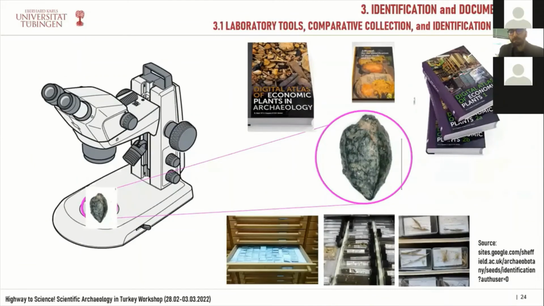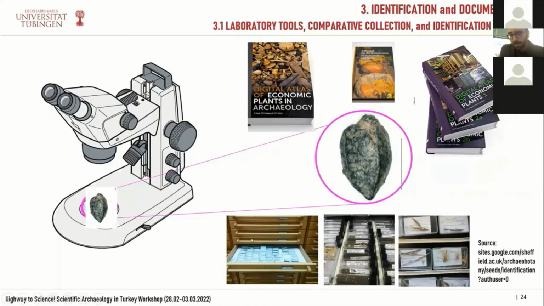Then we have these different identification manuals that we can check if our identification is correct, and we can have some ideas from these manuals about which family or which genus or species is our object.